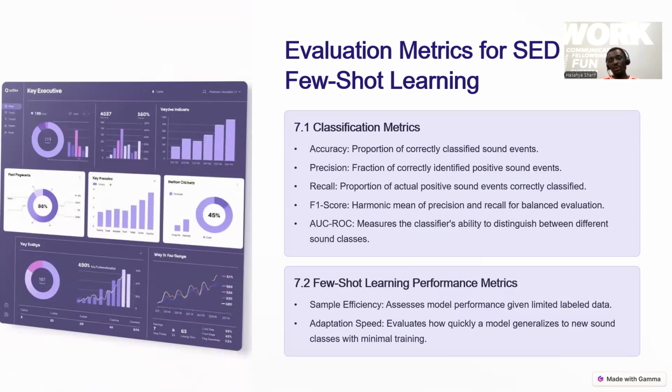With accuracy, we are mainly studying the proportion of correctly classified sound events. Precision is the fraction of correctly classified positive sound events, and recall is the proportion of actual positive sound events which are correctly classified. These parameters are part of what we usually call the confusion matrix, which we sometimes use.